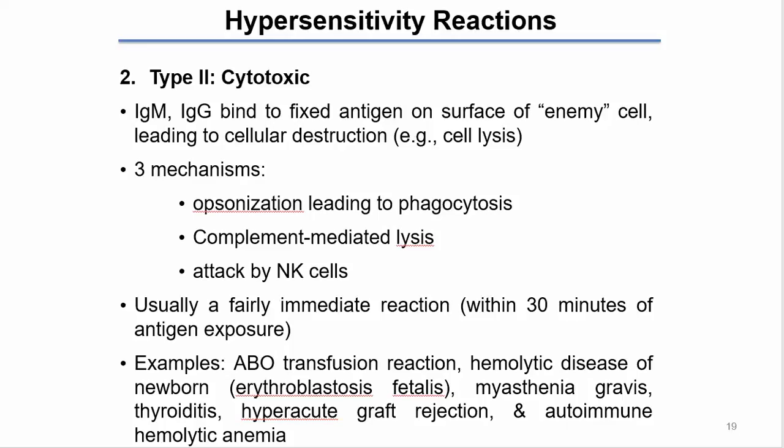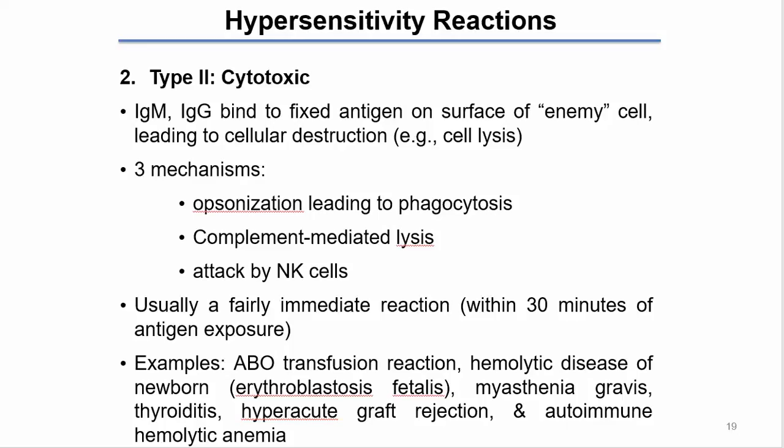Hemolytic disease of the newborn, with erythroblastosis fetalis, is really when you've got an Rh negative mother who has been exposed to Rh positive blood, makes anti-Rh antibodies, and then her immune system will attack the fetus at some point and cause this cytotoxic type reaction.